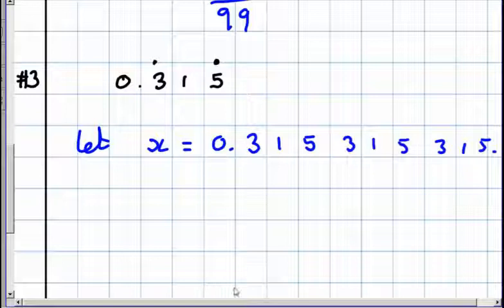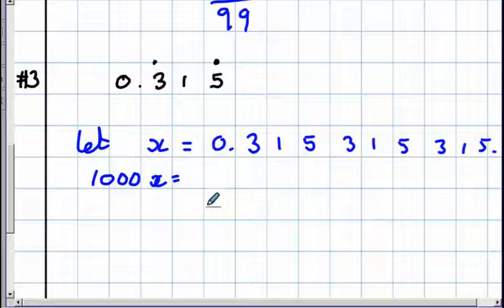Yes, young man? 5. No, not by 5. Boy at the front. Yeah. Good. It had 3 figures that kept recurring, so I multiplied by a number that has 3 zeros after 1, which is 1,000.